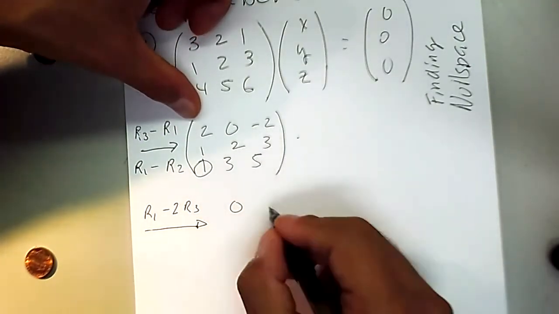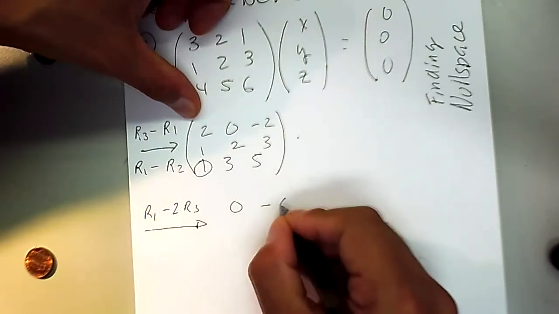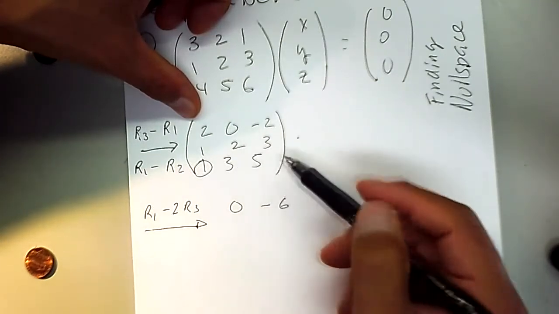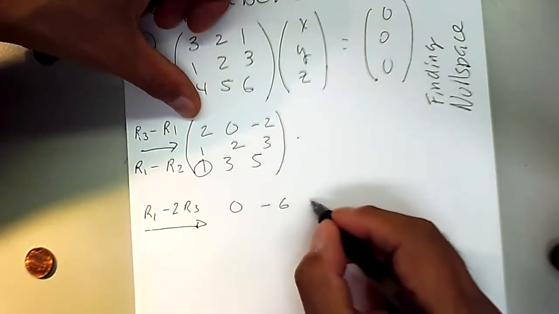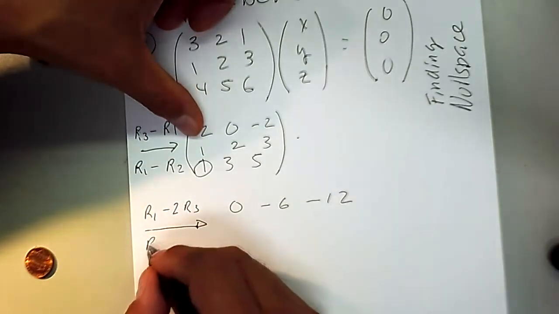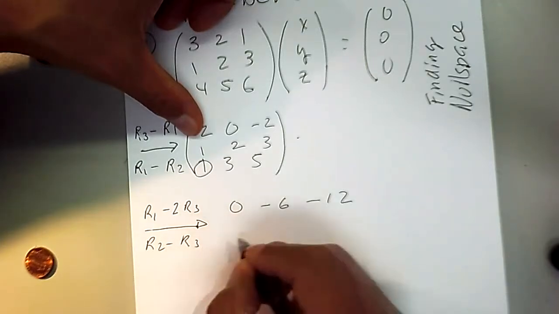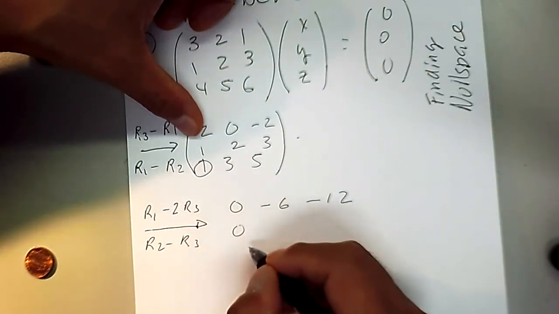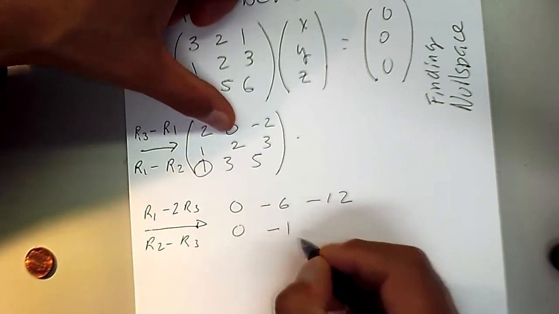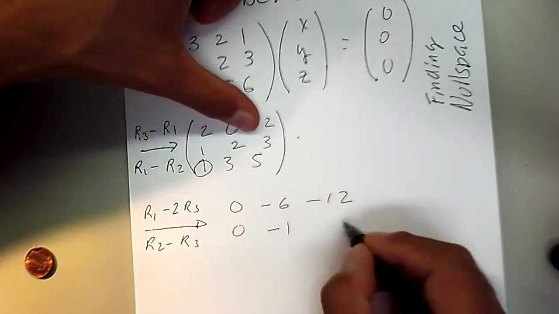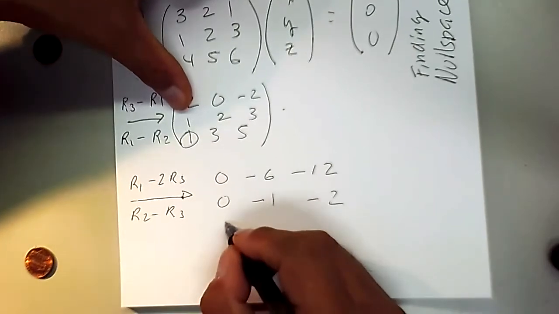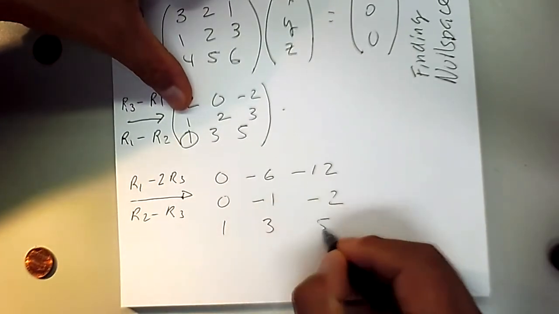But then we have negative 6, and then negative 12. And then from the second row, we can subtract the third row. And that's going to give us 0, negative 1, negative 2. And then we can leave the last row alone: 1, 3, 5.